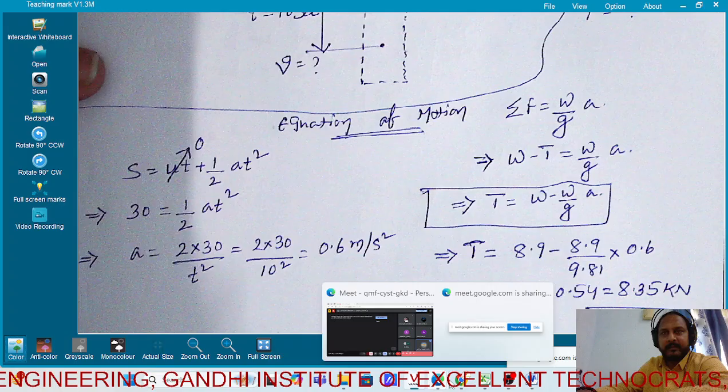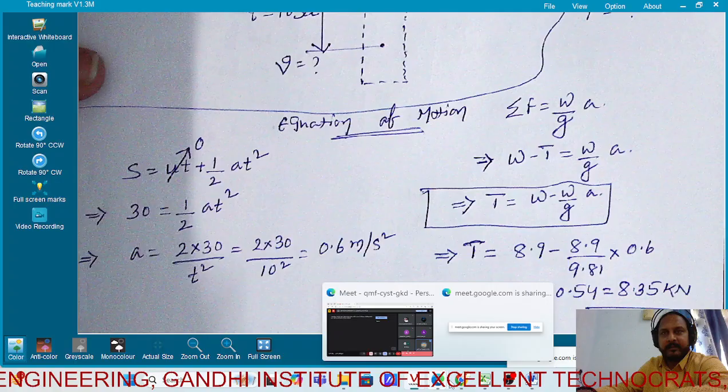Okay. So here the question is a weight W of, what is the weight here? 4,450. Now that particular weight is supported in which plane? It is supported in a vertical plane.